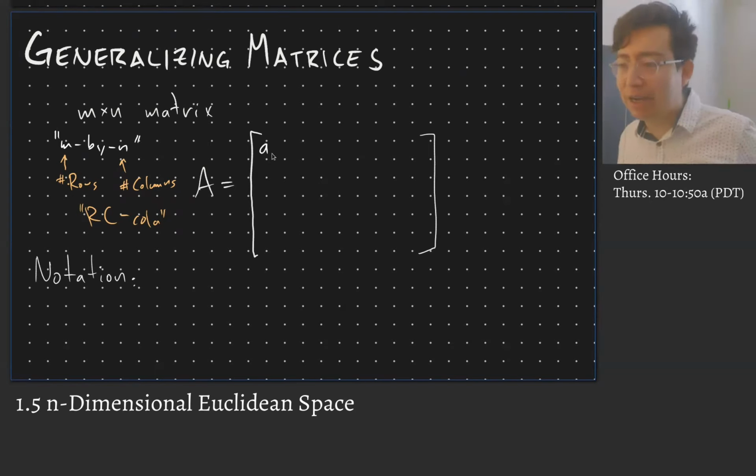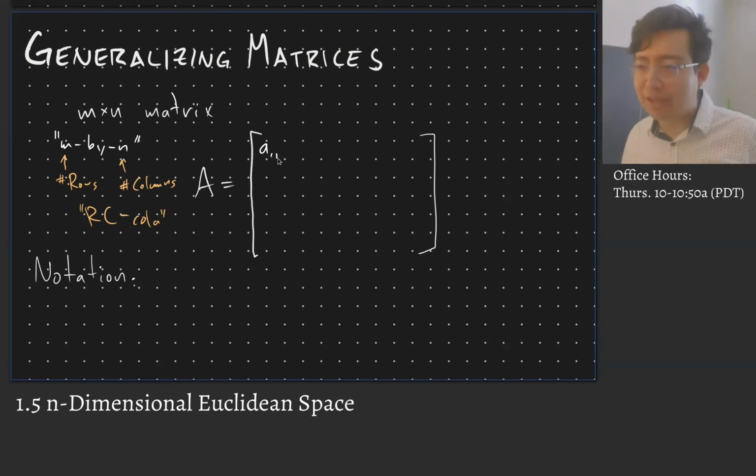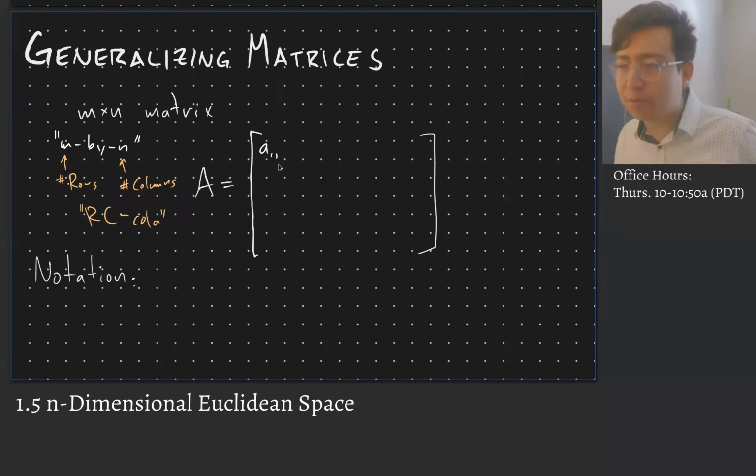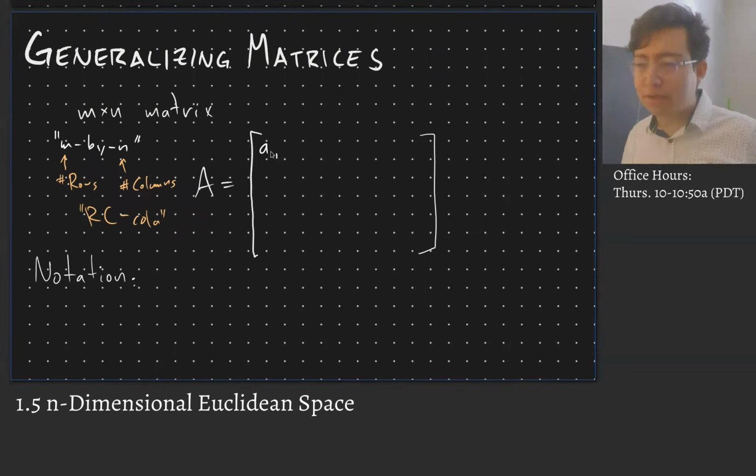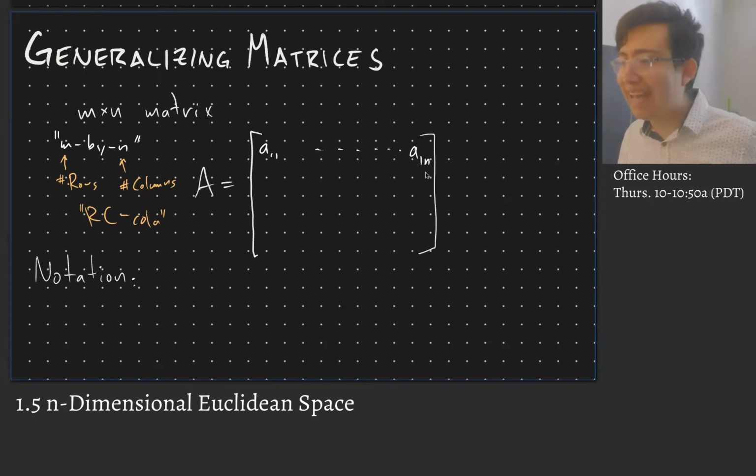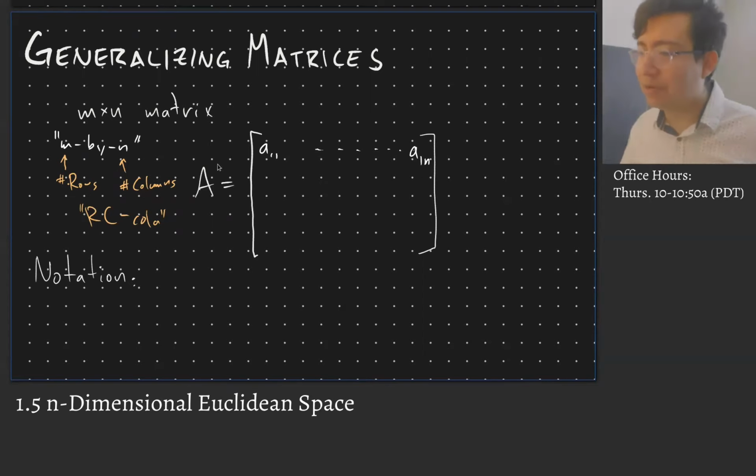So here in the top, we start with A11. Remember, the subscripts here are 2 numbers, but it's not eleven. It's 2 ones: 1, 1. Those numbers represent the row and the column that it's on. So this is in the first row, first column, and it's going to go all the way over here to the first row and the last column. That should be an N, because there are N columns in total.